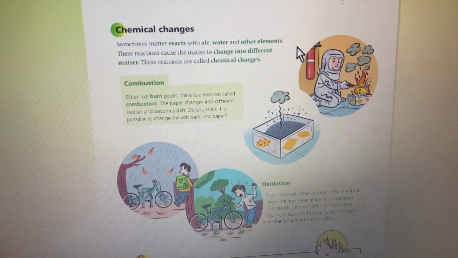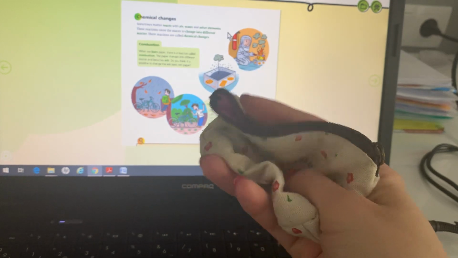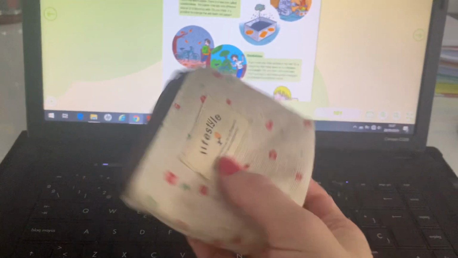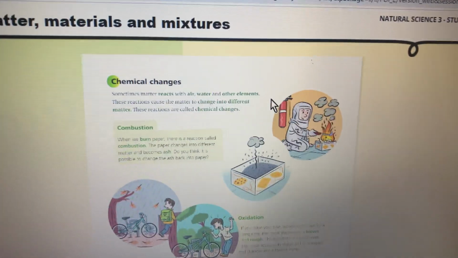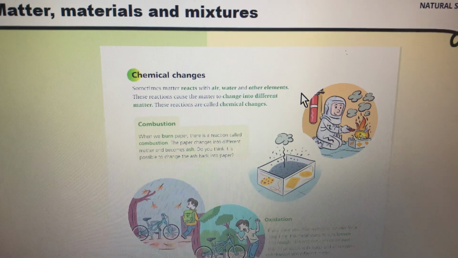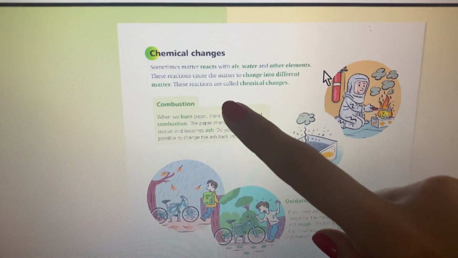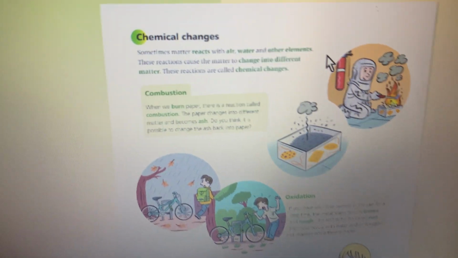Here, this matter is made of fabric, and when I do it again, it's the same material. But here it says that it changes. How can it be produced? Well, we are going to study two different chemical changes, combustion and oxidation.